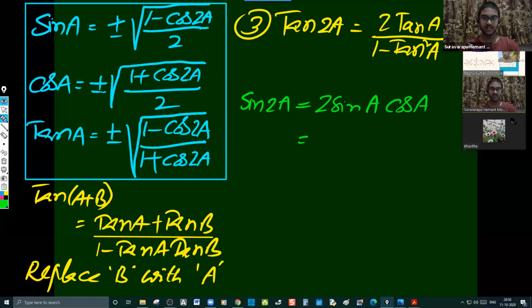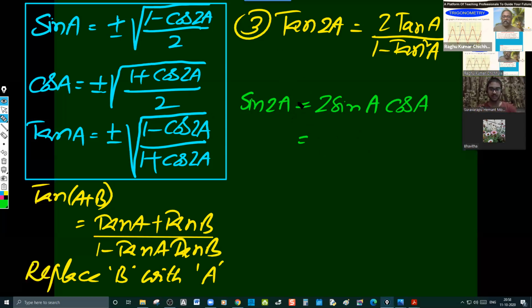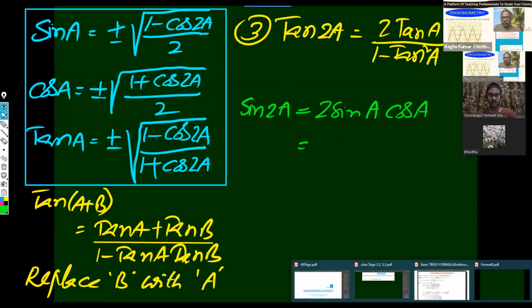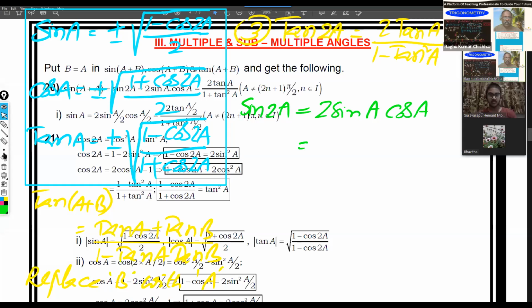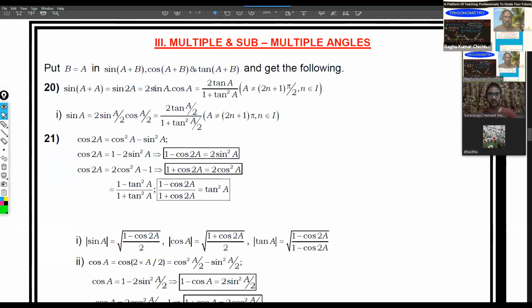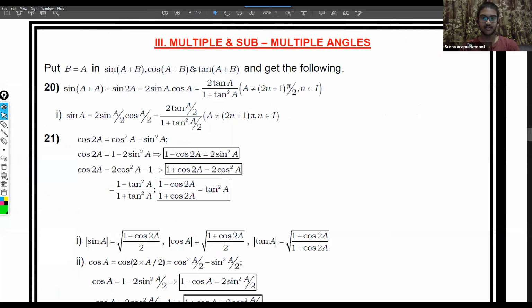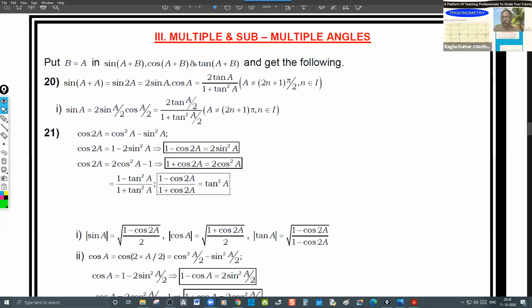I'll show you the list of the formula so that you will see that. In the list of the formula, what is sine 2A there? No, sir, there's nothing showing on the screen. It's just stuck as previous. Check it out now. Yes, sir.